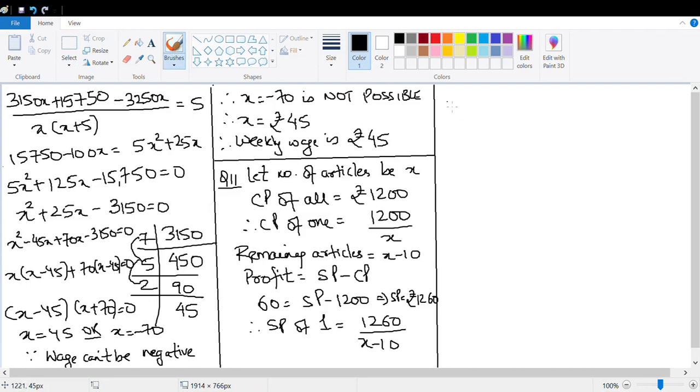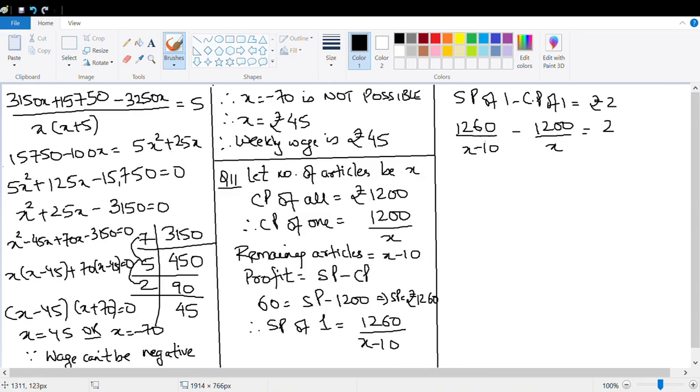Which means SP of 1 minus CP of 1 is equal to rupees 2. So how much is SP of 1? 1260 upon X minus 10 minus 1200 upon X. This is equal to 2. Let's, I can't divide it.